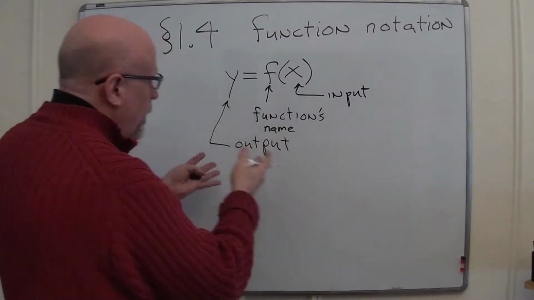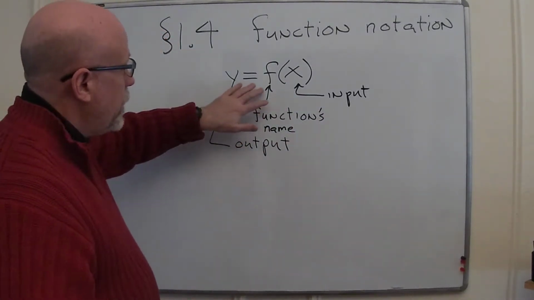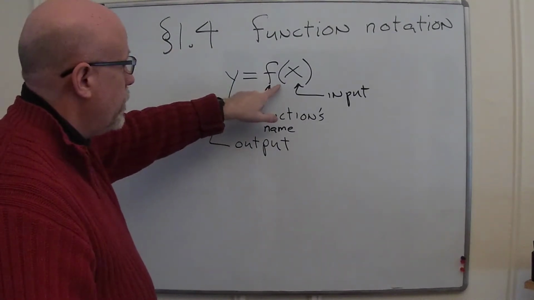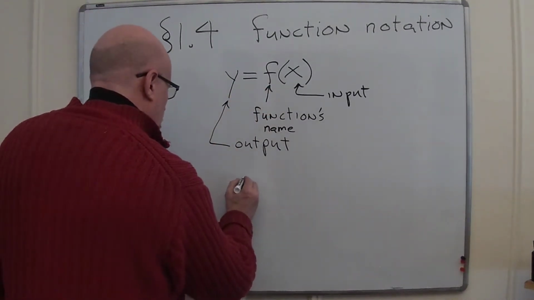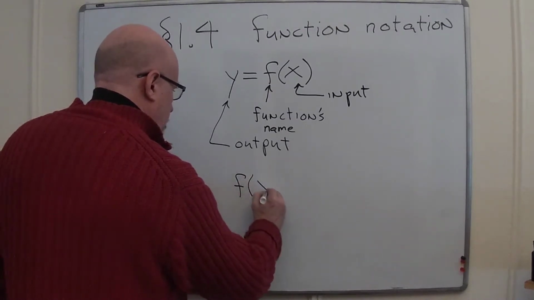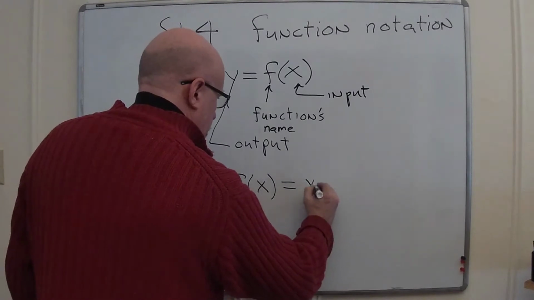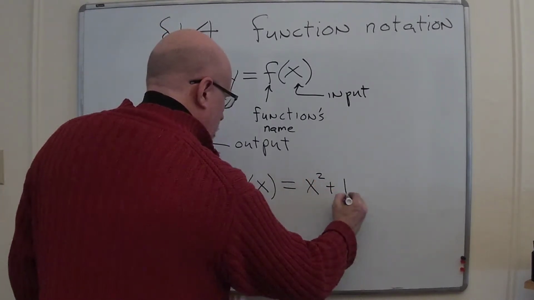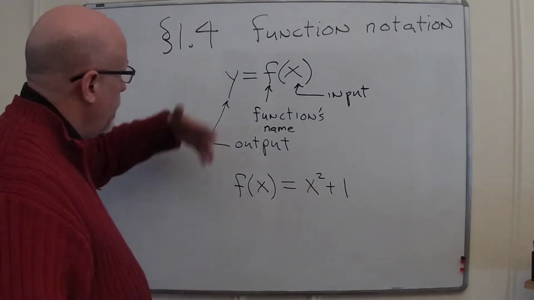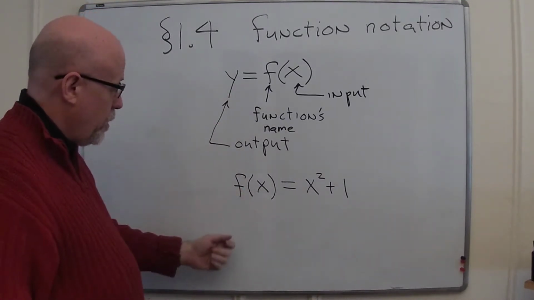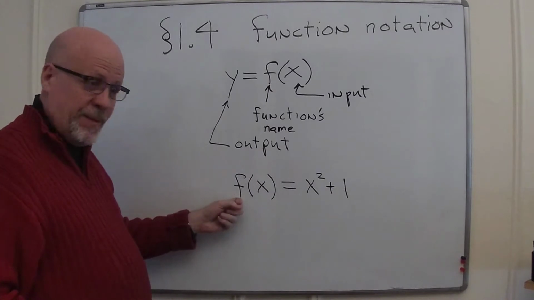That's entirely abstract. If I want to say something about a particular function, I'll actually often write, well, let me give you an example. Suppose you write f of x is equal to x to the second power plus 1. Here I haven't named what the output variable is. I've just written down some math that tells you what this function f does.